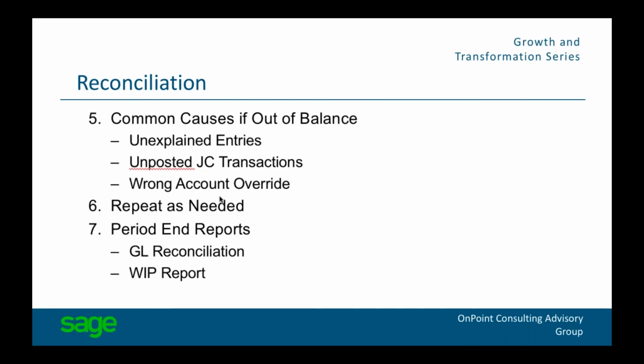And then if you override an account, because by design, usually your cost of sales accounts in the general ledger match up to the category. So you have your cost of sales labor, cost of sales material, subcontract, equipment. By design, that is set up in job cost that way.